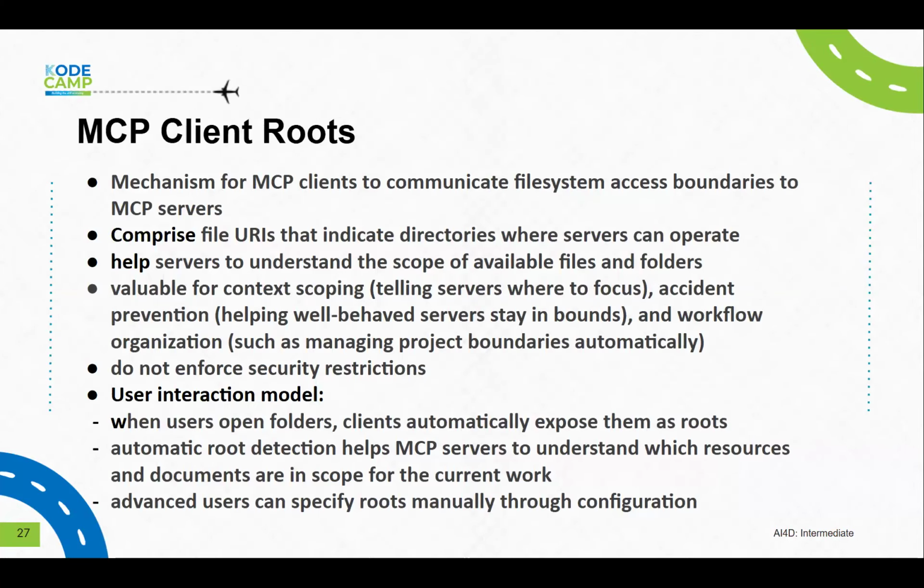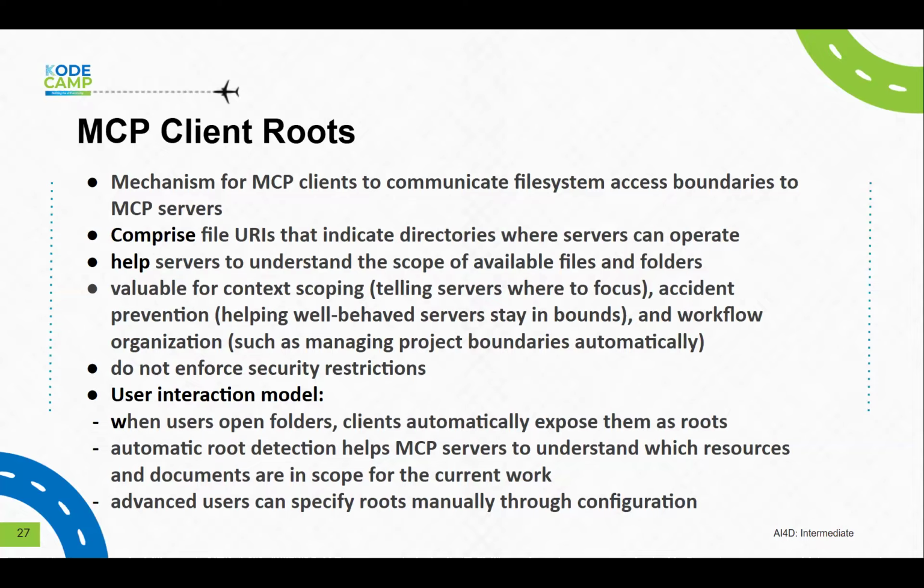Now look at the MCP client routes. So routes essentially are used to communicate file system access boundaries. Essentially saying, hey, server, when you're processing, restrict yourself to files and directories within these boundaries.